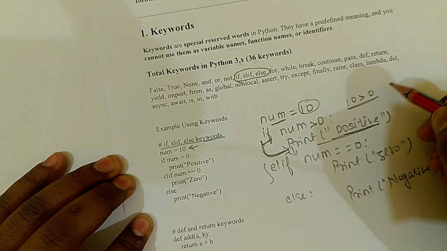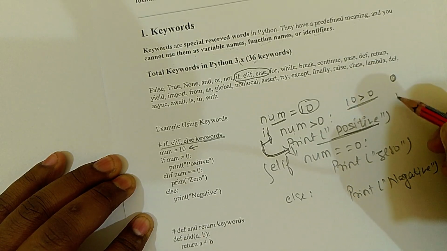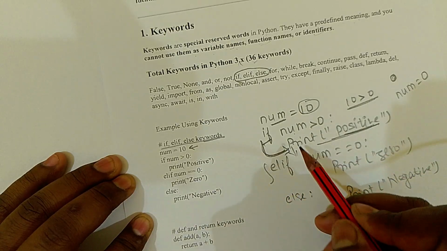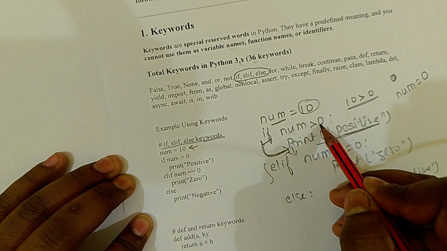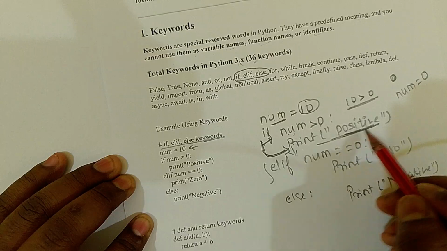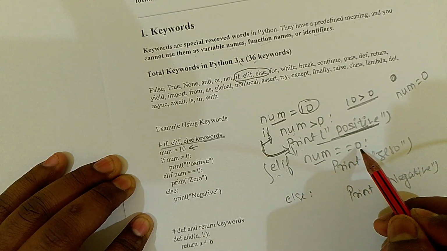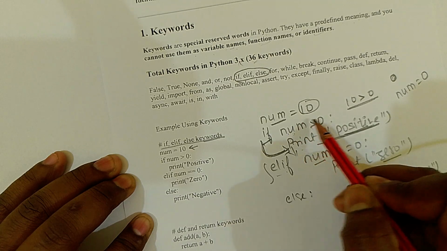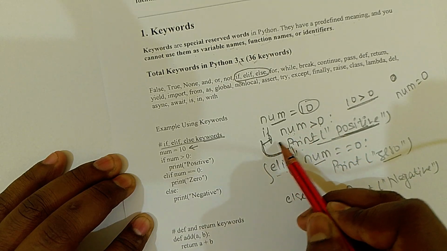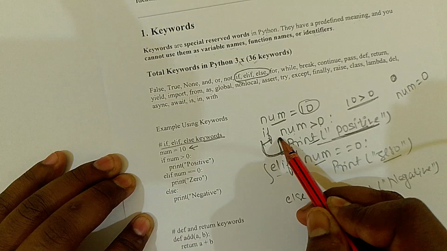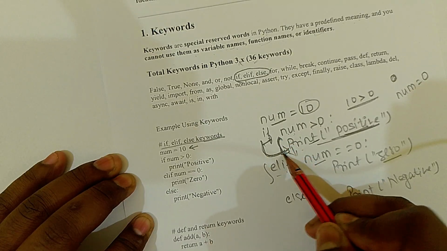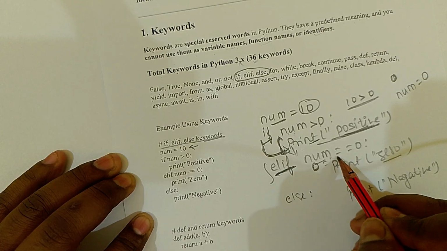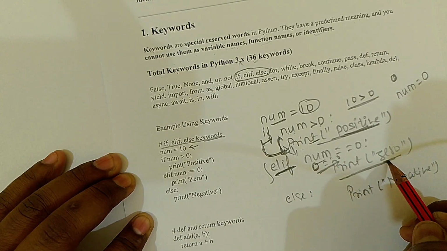If I take num equal to 0, what will happen? If num is greater than 0, print positive, and else if num is equal to 0 then print 0. Num is greater than 0? No, it is false. After executing this block, it goes to the else if and checks whether num is equal to 0. Yes, it is correct, then print 0.